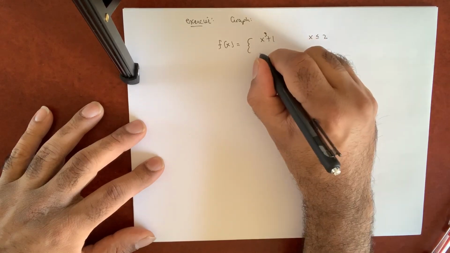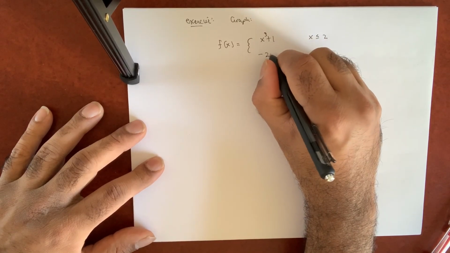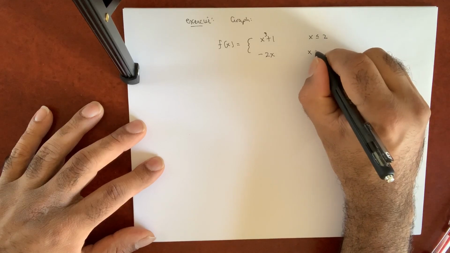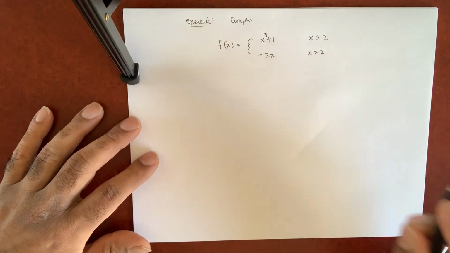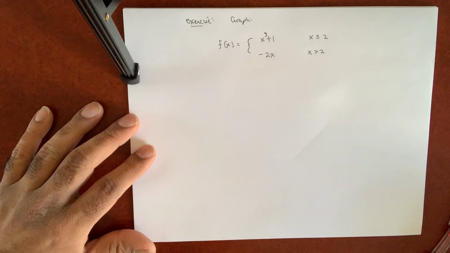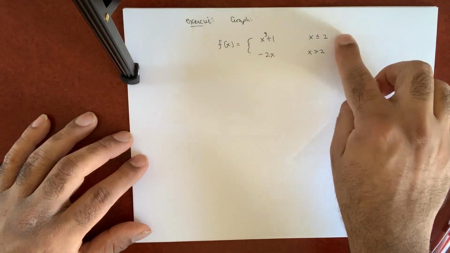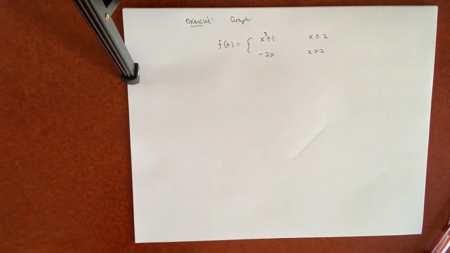And f of x is negative 2x when x is greater than 2. Okay, so it'll be a similar procedure as what I did. The dividing point here will be at x equals 2, and that'll be the place where the graph splits.